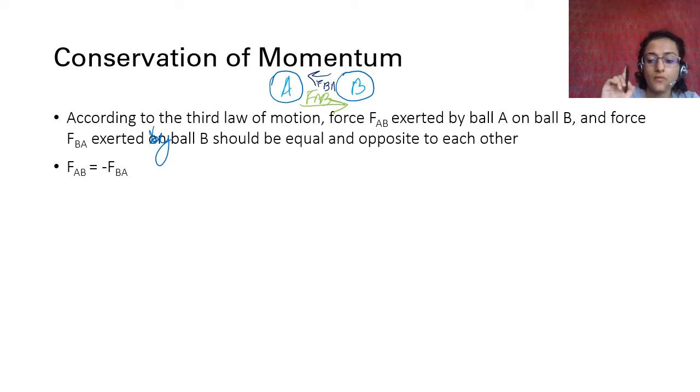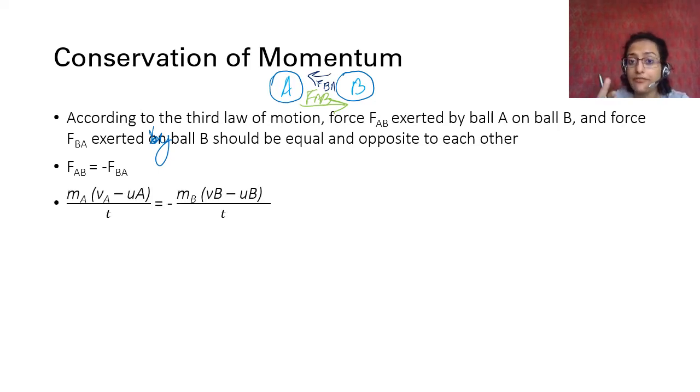Force AB and force BA should be equal and opposite in direction, but they are acting on different bodies, right? So this AB is acting on B and BA is acting on A, which is why they don't get cancelled.